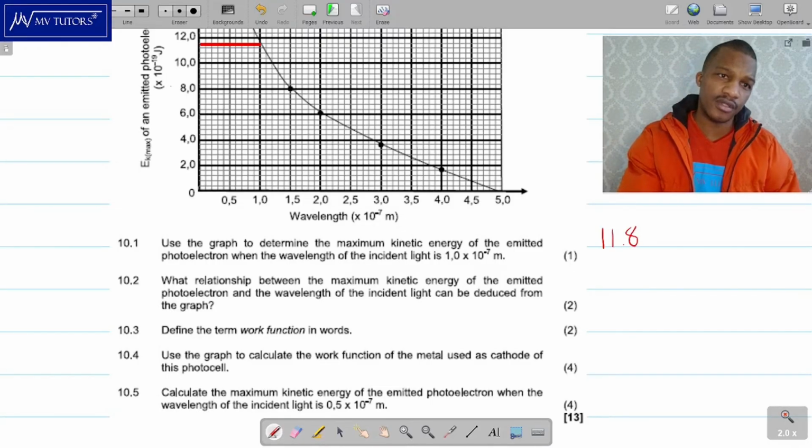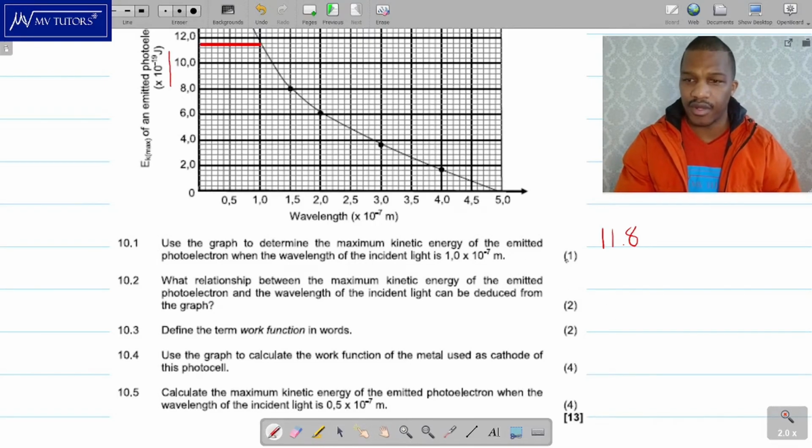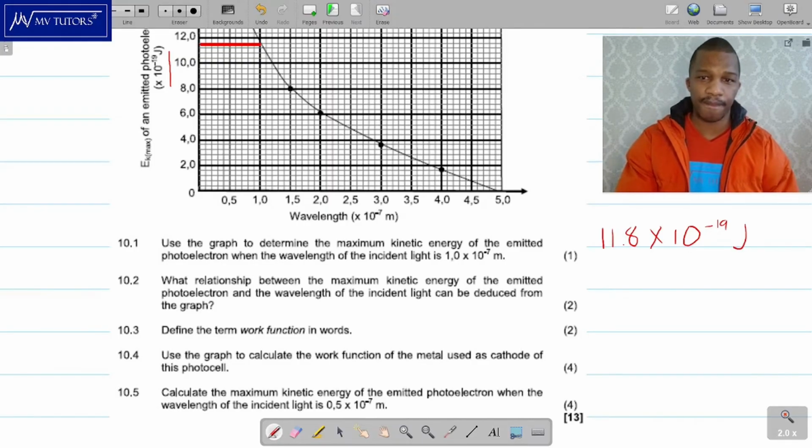Look at this. You need to multiply by that. 11.8 times 10 to the power -19 joules.